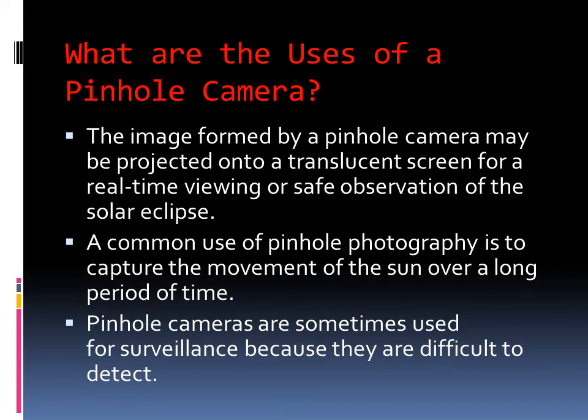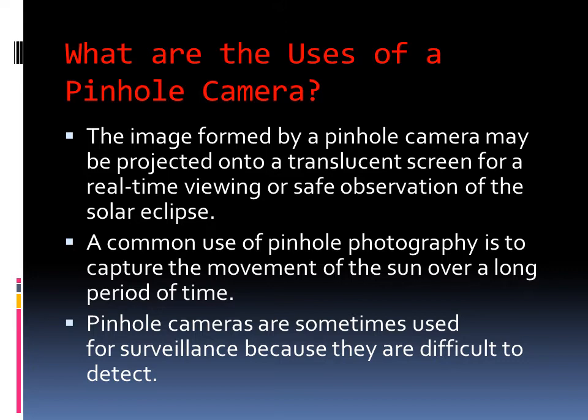It is said that it's not good to see the eclipse with your naked eye, because it can damage your eye. So we can see it through a translucent screen.